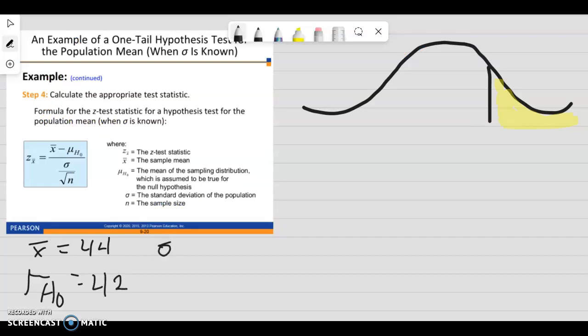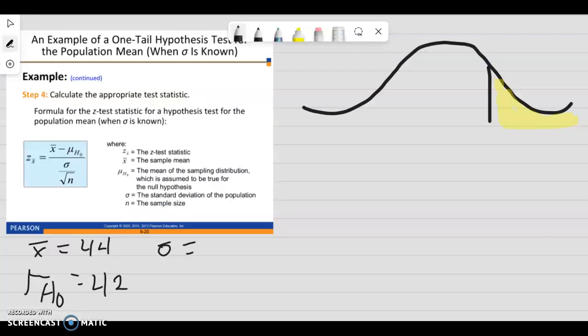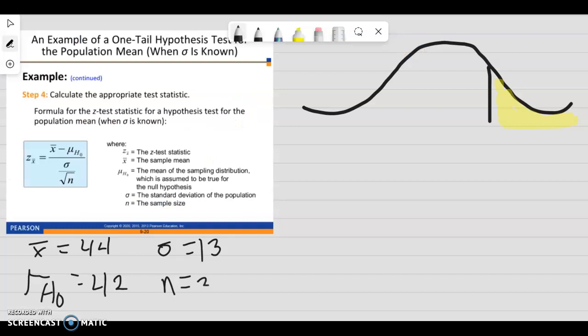The standard deviation of the population, which is given to you, is 13. Then n, our sample size here is 38. And again, all this information is given to you.